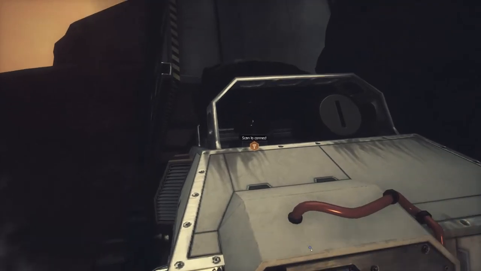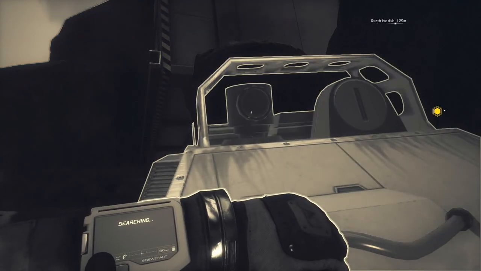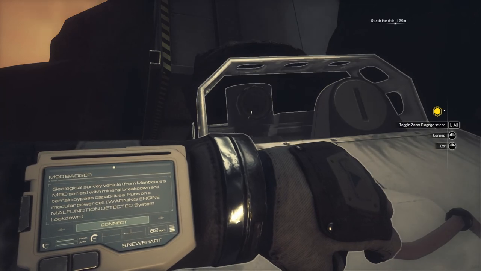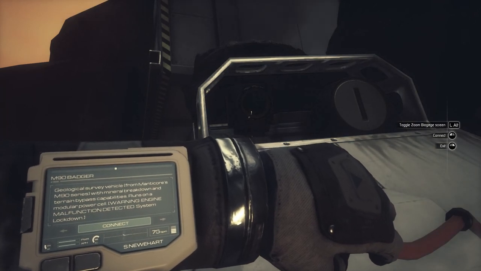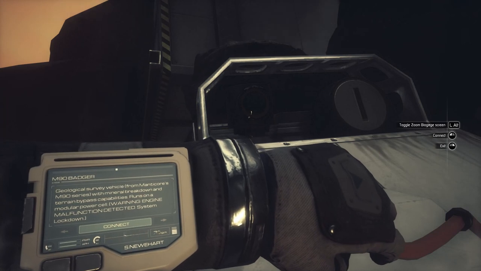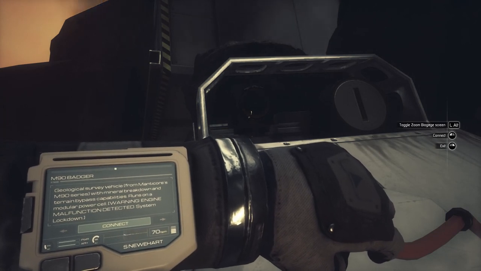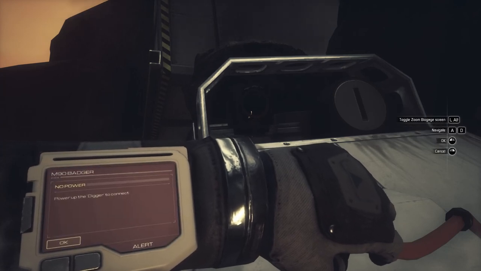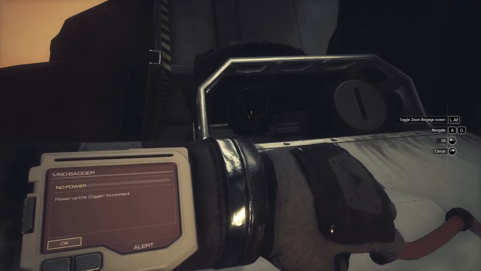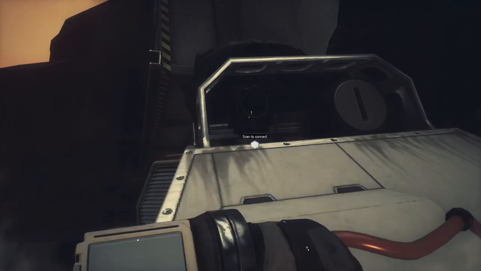Okay, I don't have a power cell. Though maybe I can do something with this. M90 Badger, geological survey vehicle with mineral breakdown and terrain bypass capabilities, runs on a modular power cell. Power up the digger to connect.